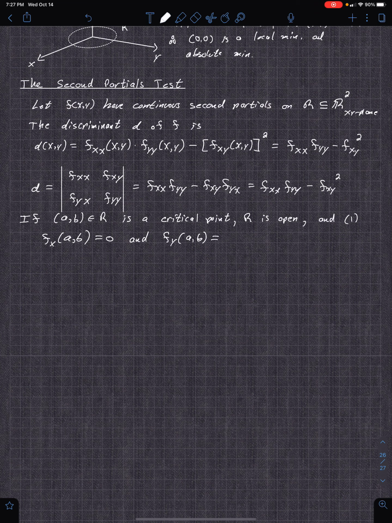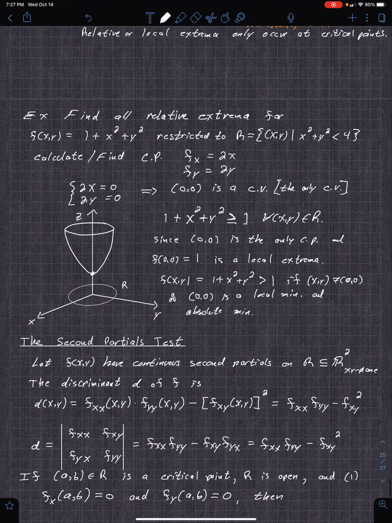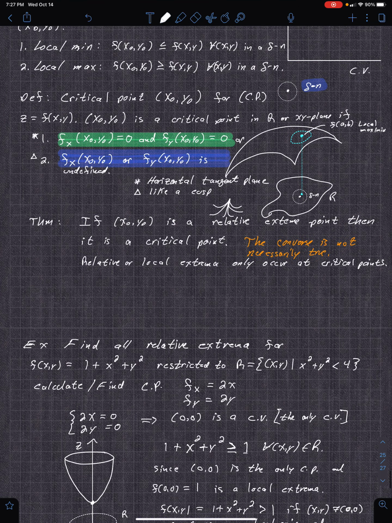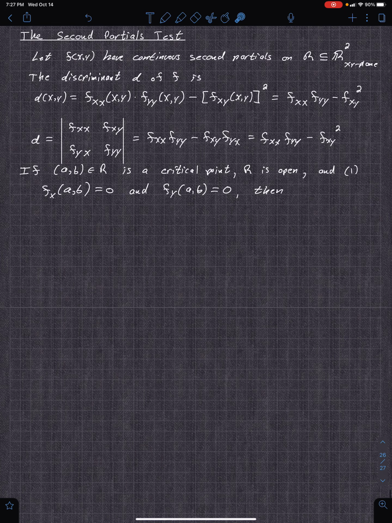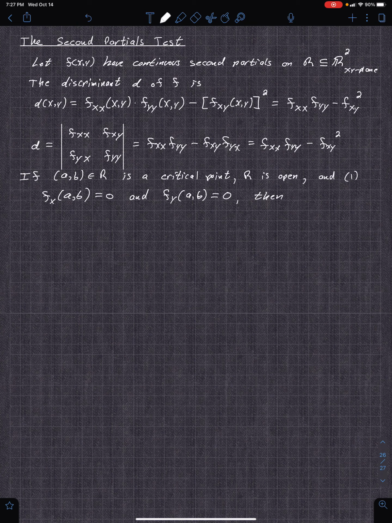So it's the horizontal tangent plane. Okay, then we have 3 cases. When we talk about a critical point, it's this case. If you have undefined, you have to do your own thing. You've got to analyze it yourself.